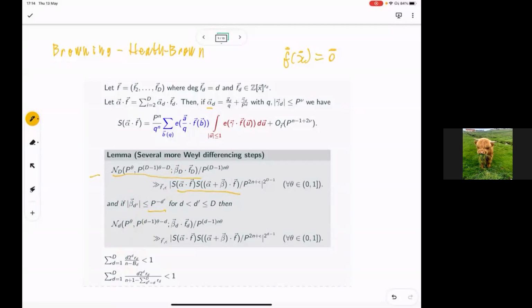So sorry, this is a conclusion, not an assumption. I said that wrong.